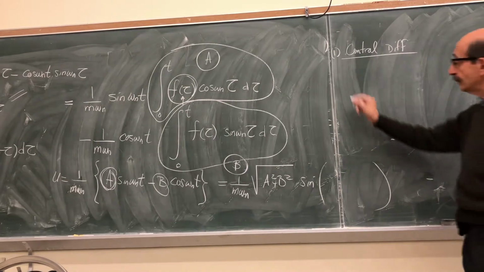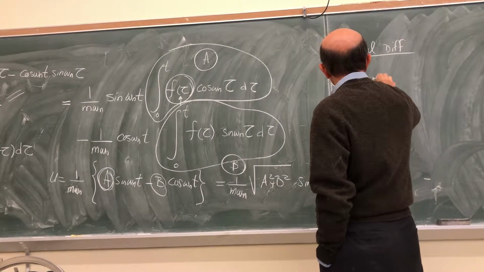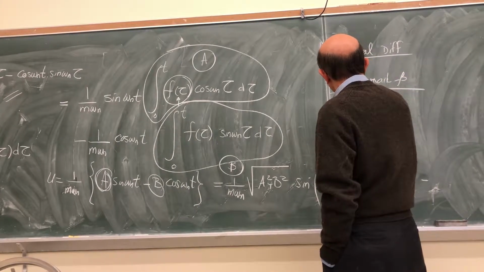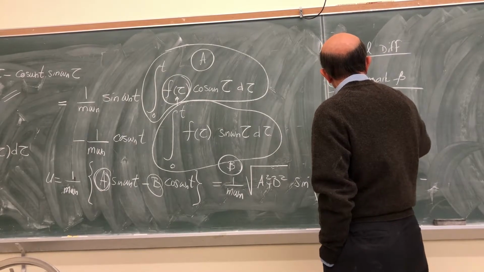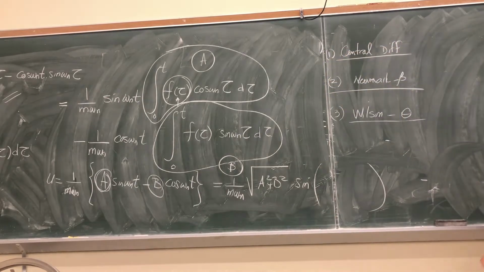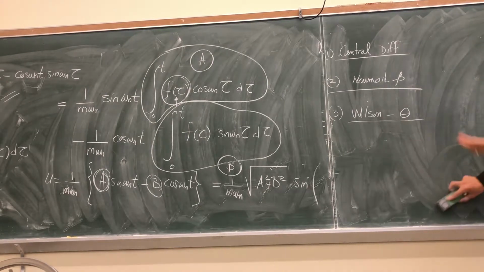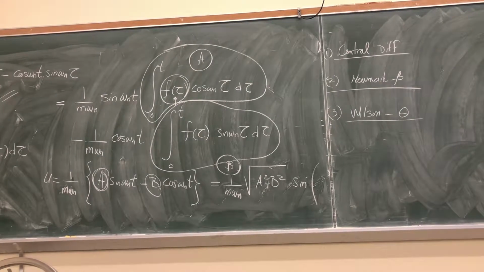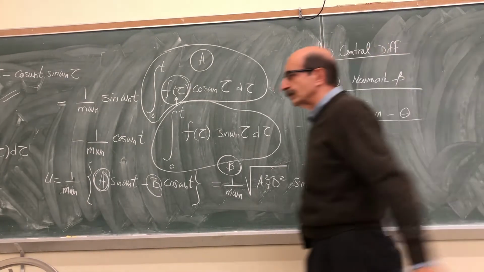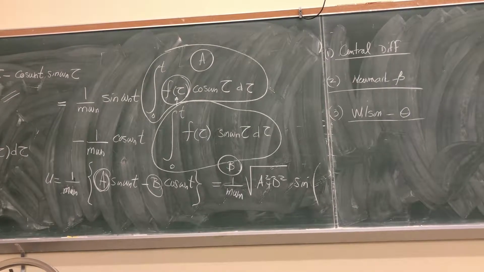Another approach, which is commonly used, is Newmark beta numerical integration or the Wilson theta scheme for numerical integration. We don't study any of these. If you're interested, you can take the second course or some numerical analysis course where we'll see that. But the point here is that, in general, that is the approach.